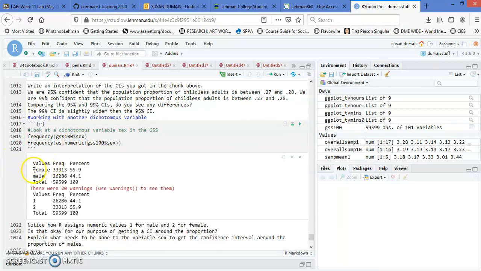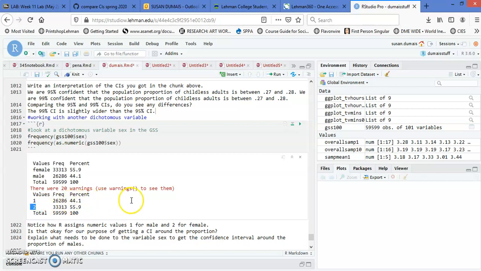So sex, we have female and male. Females are 55.9% of the GSS sample. Males are 44.1. When we run it as numeric without the labels, you can see that males, the ones that make up 44.1%, are coded as 1, and females at 55.9% are coded as 2.